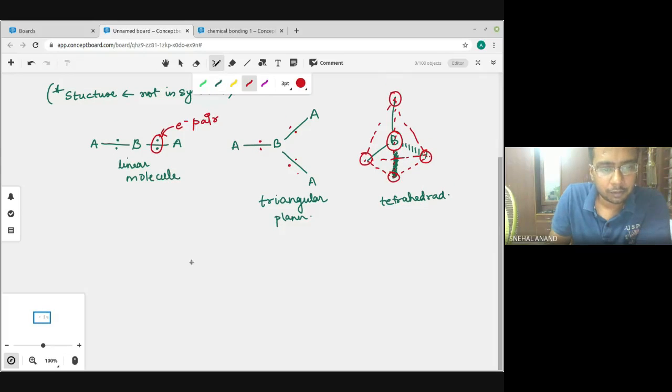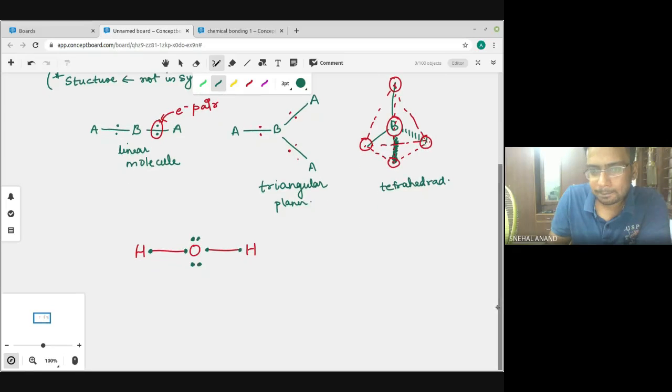Let me take the example of the water molecule. If you are thinking about the water molecule, this oxygen has 1, 2, 3, 4, 5, and 6 electrons. So 4 are personal electrons and 2 electrons are being shared. Okay. So understand this very carefully.